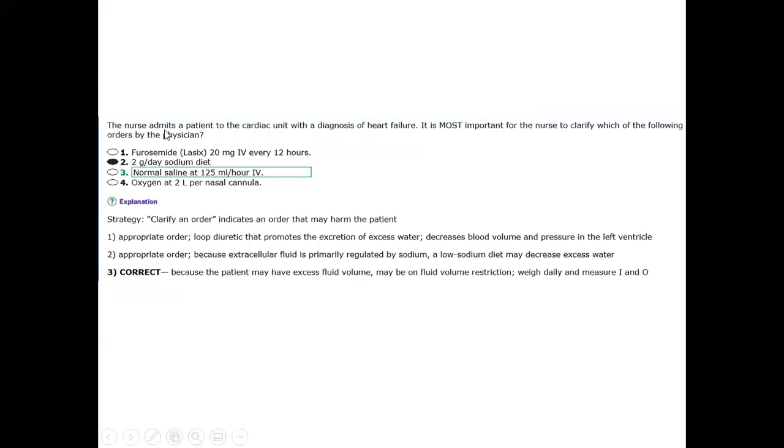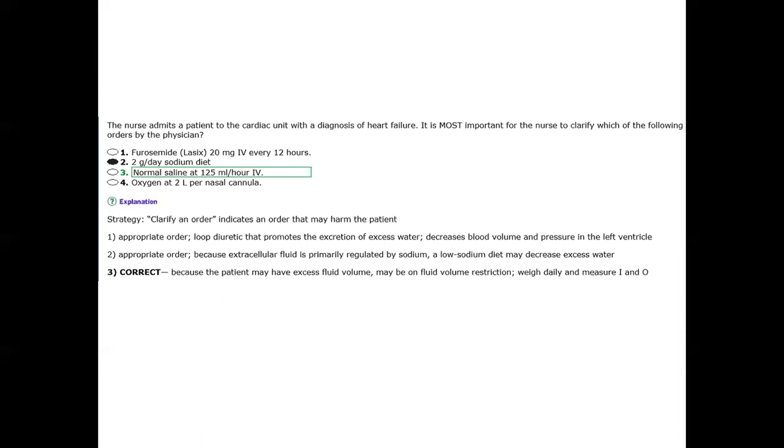Next question. The nurse admits a patient to the cardiac unit with a diagnosis of heart failure. It is most important for the nurse to clarify which of the following orders by the physician? So if anybody is diagnosed with heart failure in the cardiac unit, which is the most important for them?